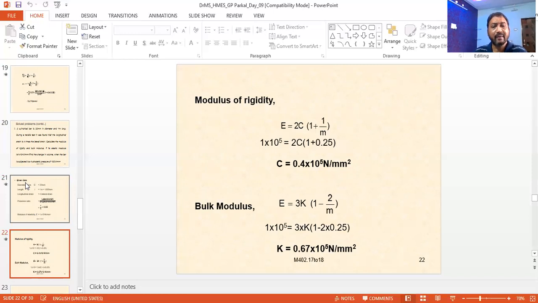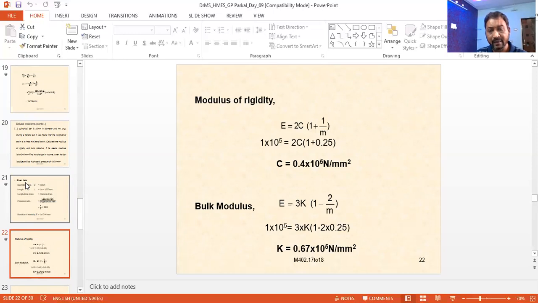Now we know that the modulus of rigidity can be found. We know the equation E is equal to 2C into 1 plus 1 by m. So substituting those values, we have E and 1 by m. So 1 into 10 power 5 is equal to 2C into 1 plus 0.25. So 2C into 1.25 is equal to 10 power 5.